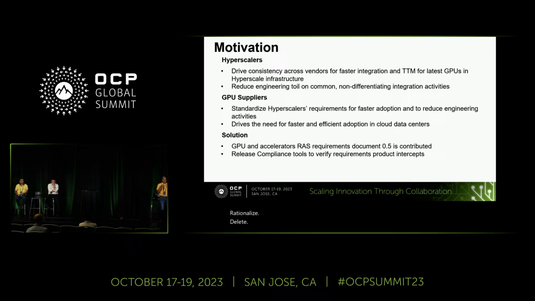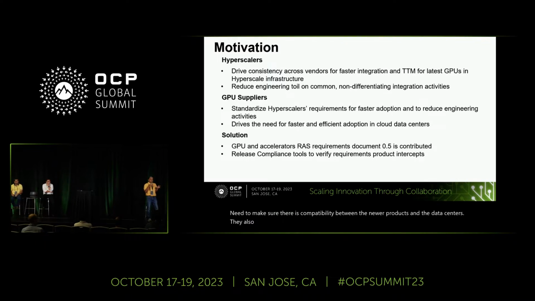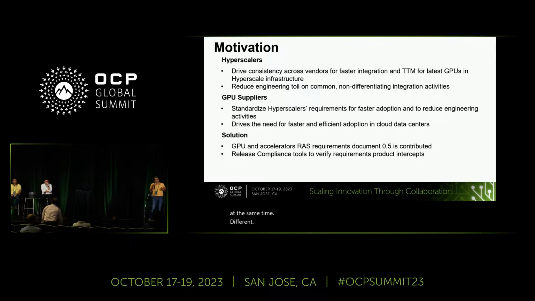In order to do so, they need to left shift their development. They also need to make sure there is compatibility between the newer products and the infrastructure they are running in their data centers. They also want to embrace products from multiple vendors all at the same time, innovating at different points in the schedule, right?